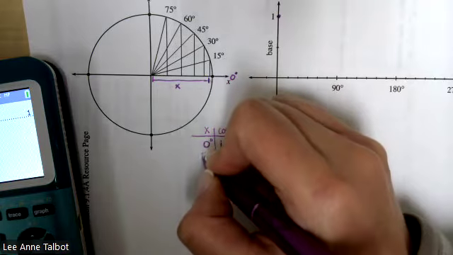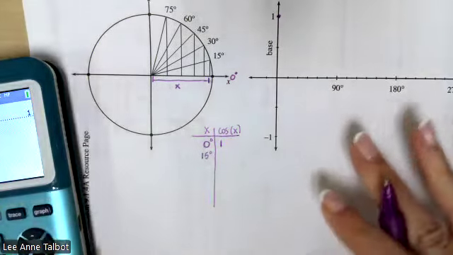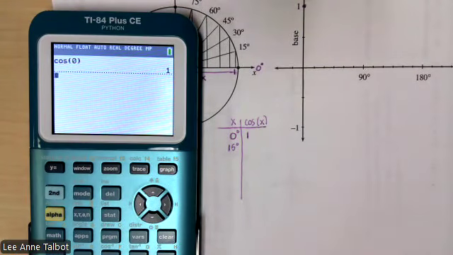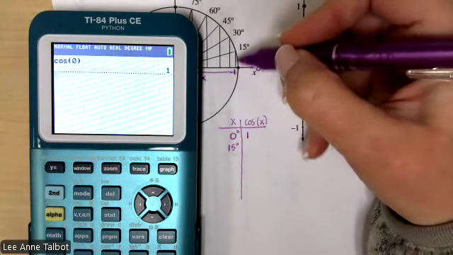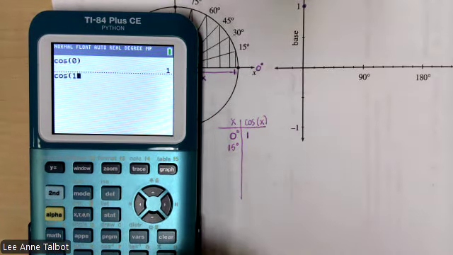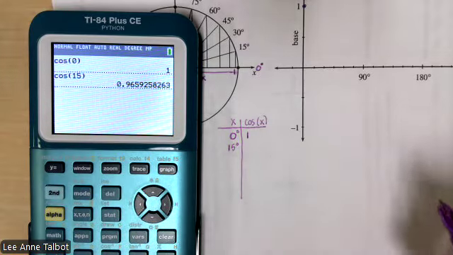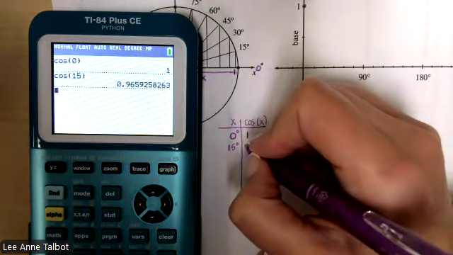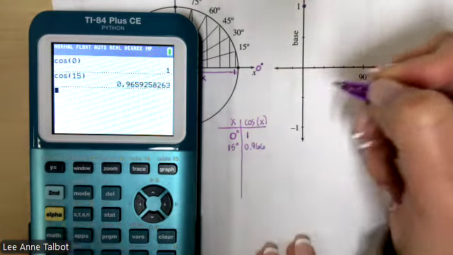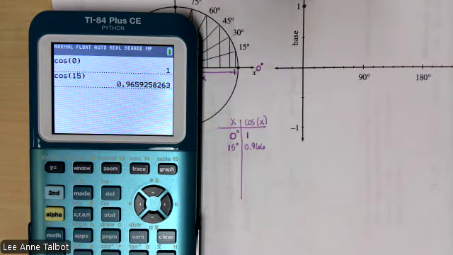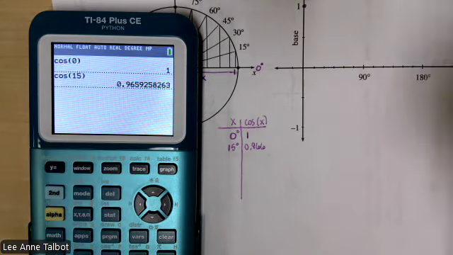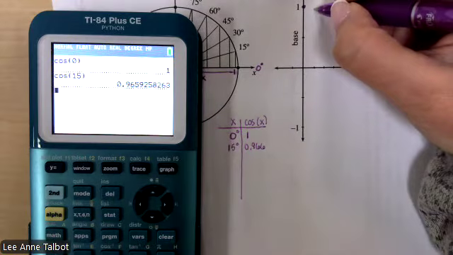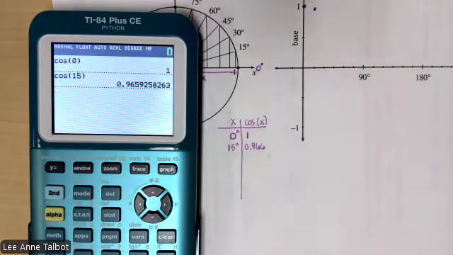Okay, what I want you guys to do is go to your calculator and find the cosine of 15 degrees, because that's where my little line ended up. 0.966. Okay, two questions. Does that seem reasonable for the length of the base? Yeah. And does that number sound familiar? Yes.